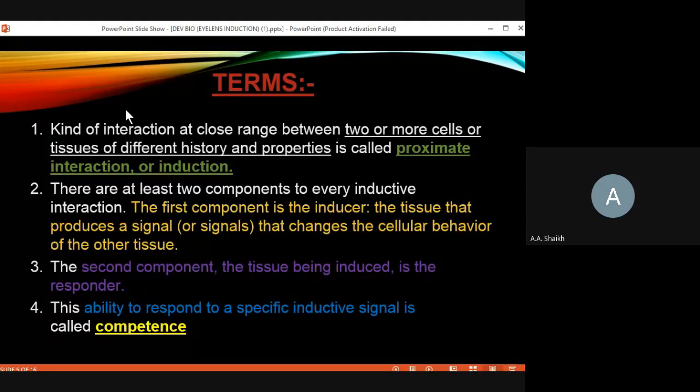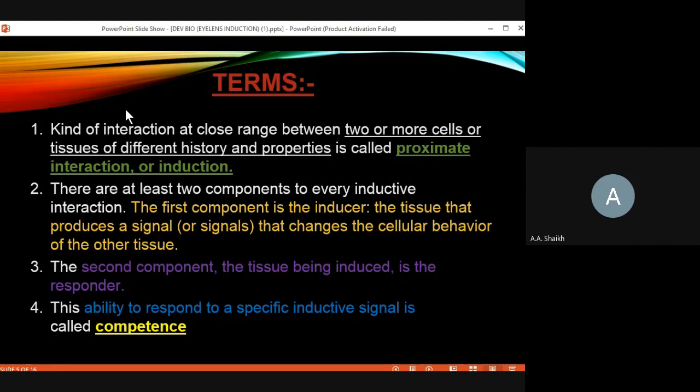Now, we have said that not every cell has the ability to respond. But the cells and systems which have the capacity to respond to particular signals released from the inducer, accepted by the responder, and then carry out these responses, showcasing the ability to accept these signals, is called competency.